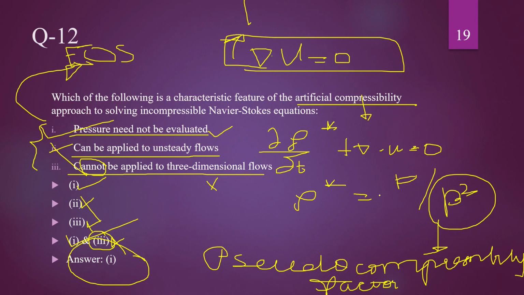So this rho star is given by P by beta square, where beta square is the pseudo compressibility factor. This factor is introduced to account for the incompressible nature of the fluid.